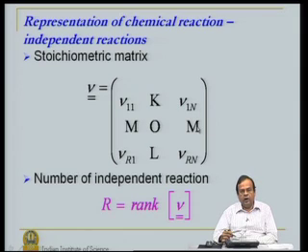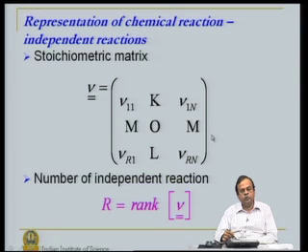And when you have a matrix, and any one column or any one row is a linear combination of the other rows, we always think of the rank of this matrix. The rank of this stoichiometric matrix nu is actually the number of independent reactions.